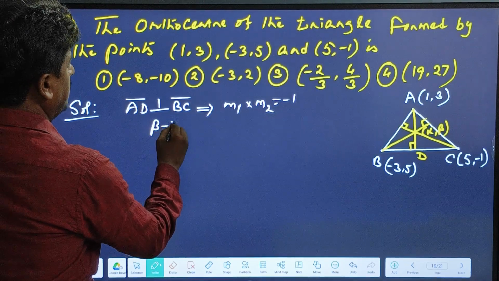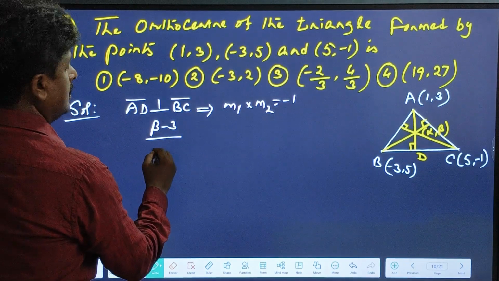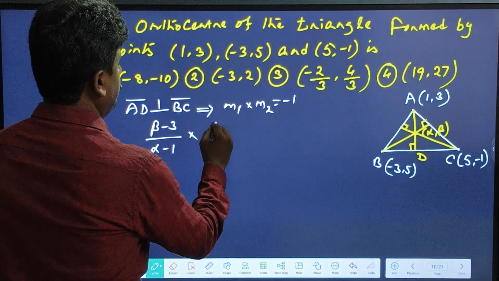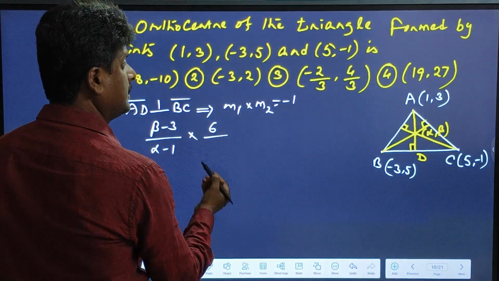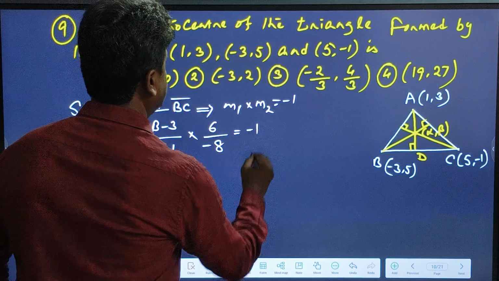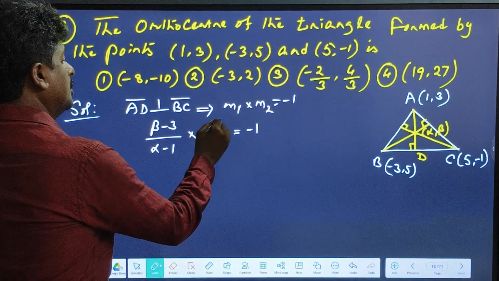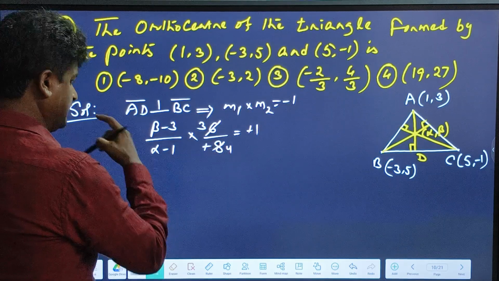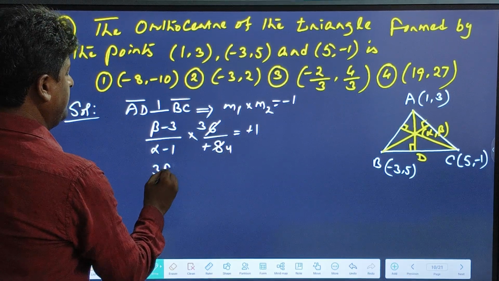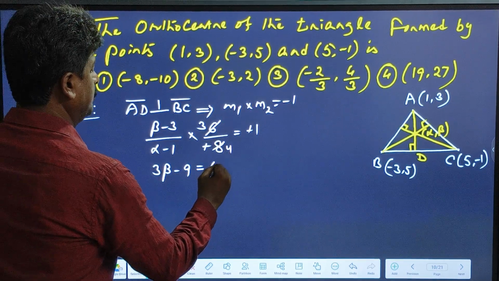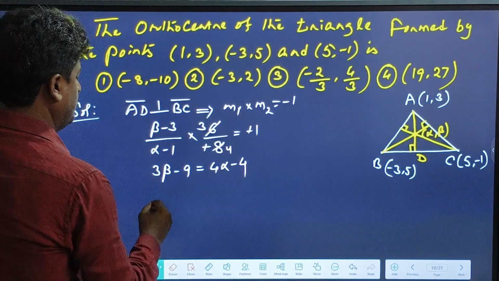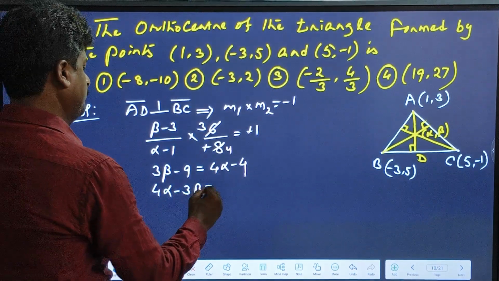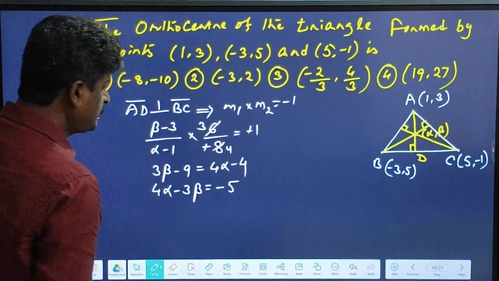Slope of AD bar is (beta minus 3) by (alpha minus 1), into BC slope (5 plus 1) 6 by (minus 3 minus 5) minus 8, is equal to minus 1. Two 3s are 2 4s, minus minus cancelled, which will be 3 beta minus 9 is equal to 4 alpha minus 4. This is 4 alpha minus 3 beta is equal to minus 5.